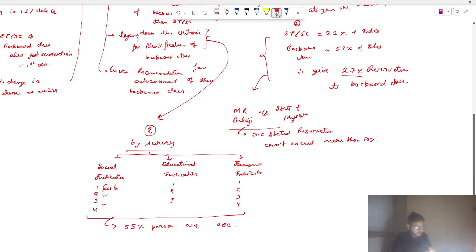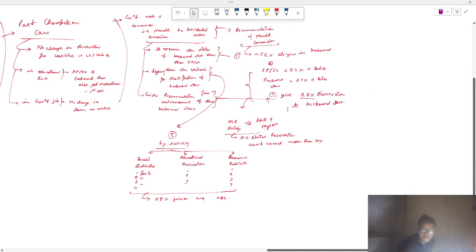And what happened in 1990? This report came, and they also recommended for the advancement of backward classes, they recommended giving 27% reservation. So we have discussed all the recommendations of the Mandal Commission.